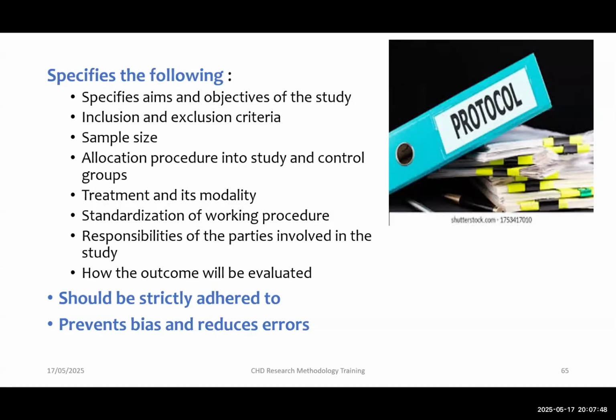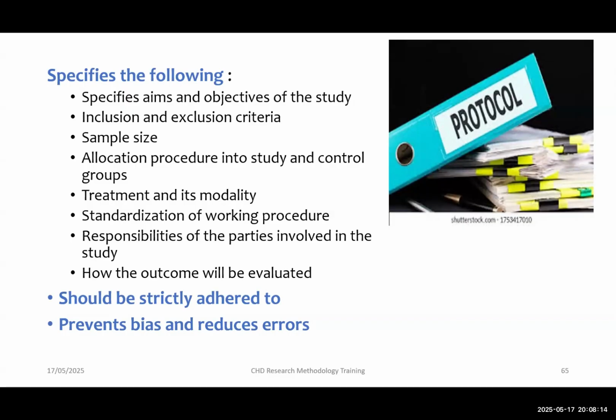Then you must strictly adhere to that protocol, the standard protocol that you have set up. The protocol you have drawn up must be strictly adhered to at the same time for both groups. It's not because you want the new drug in the intervention group to succeed that you now pay more attention, sticking to the time, measuring those patients more than you measure the control group.